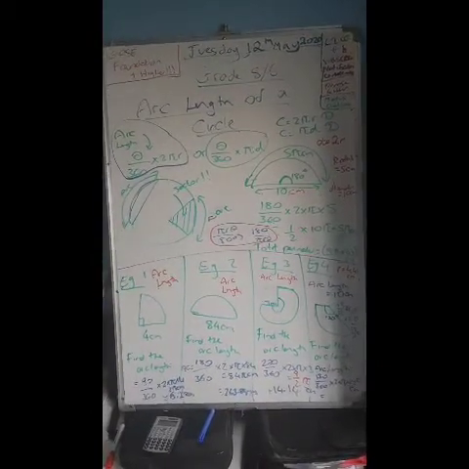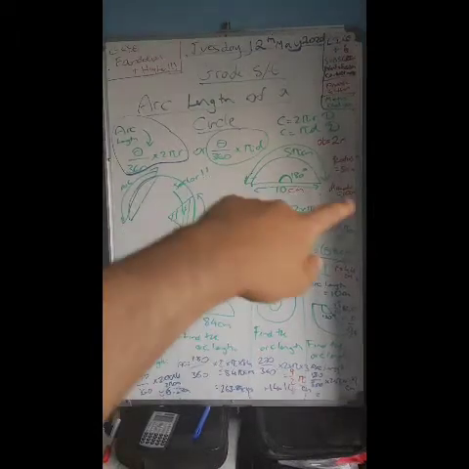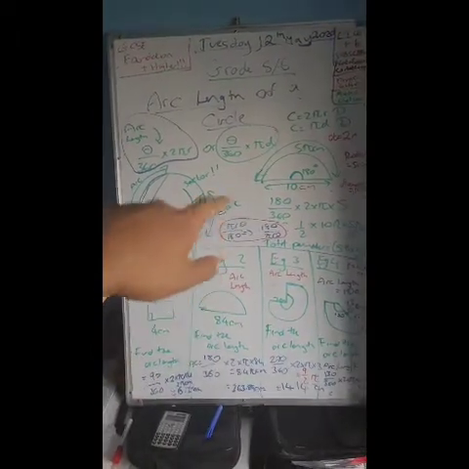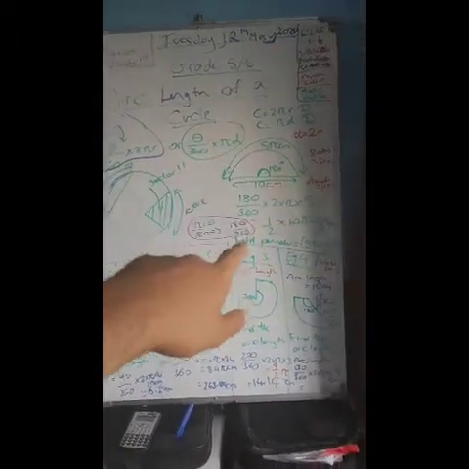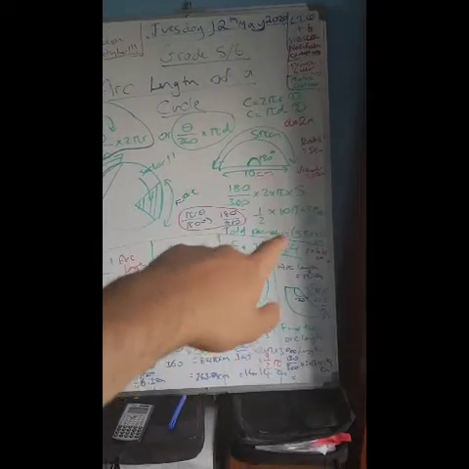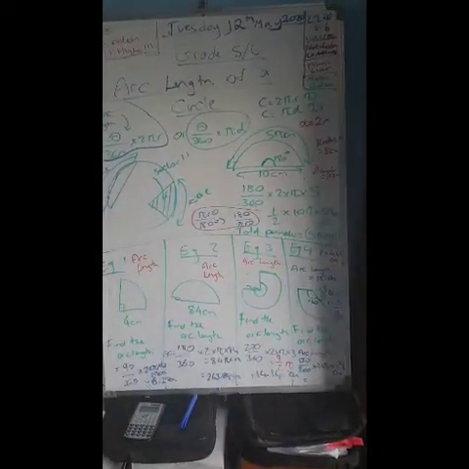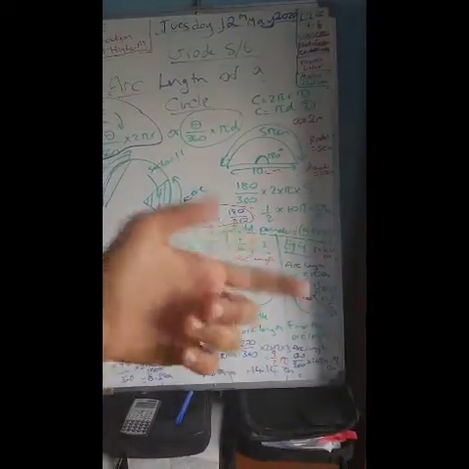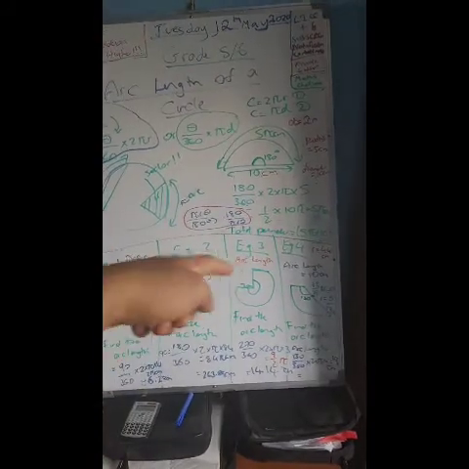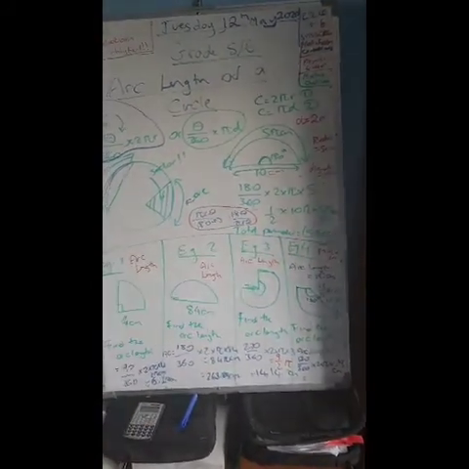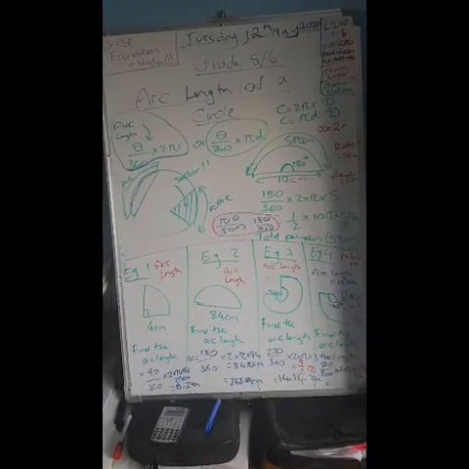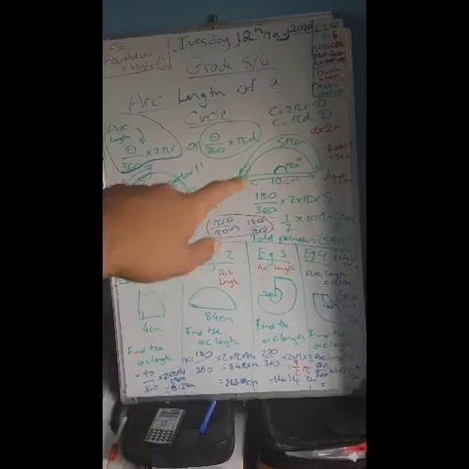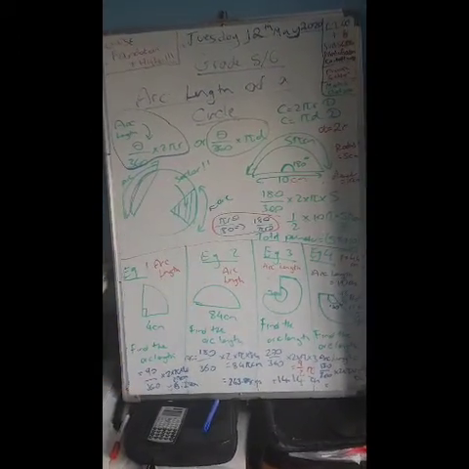If it asks for the arc length, it's just that section there. If it's asking you for the total perimeter, then the total perimeter would be 5 pi plus 10 centimeters, which will be your exact answer, and it will give you a numerical answer if you put it into your calculators. That's just a key point I thought I'd mention, because it's quite important when we cover this.